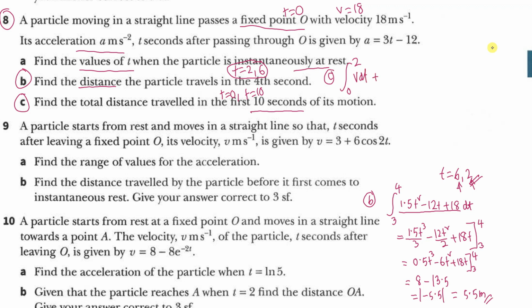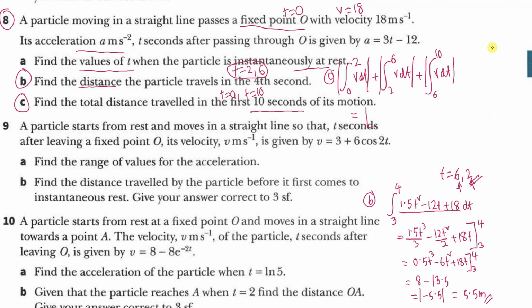Then the second stage is from 2 to 6, integrating v dt, and the last stage is from 6 to 10. But one important thing, we don't know where the values come negative. Everywhere it is distance, so we need to keep a modulus sign everywhere to get the accurate answer. We already have the integration part, we just need to put in the limits.